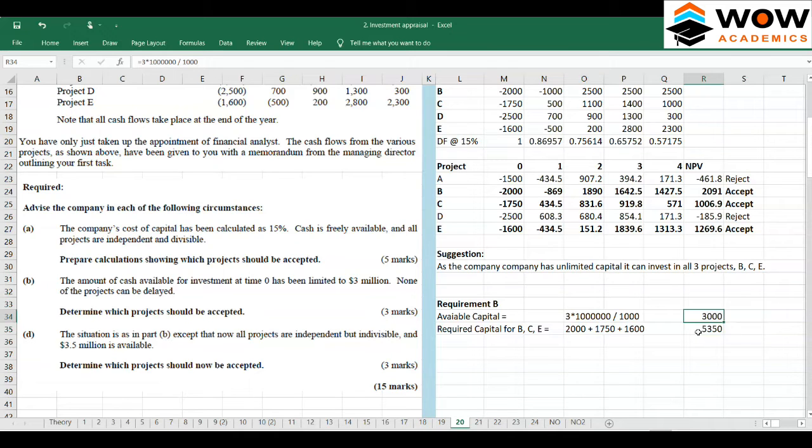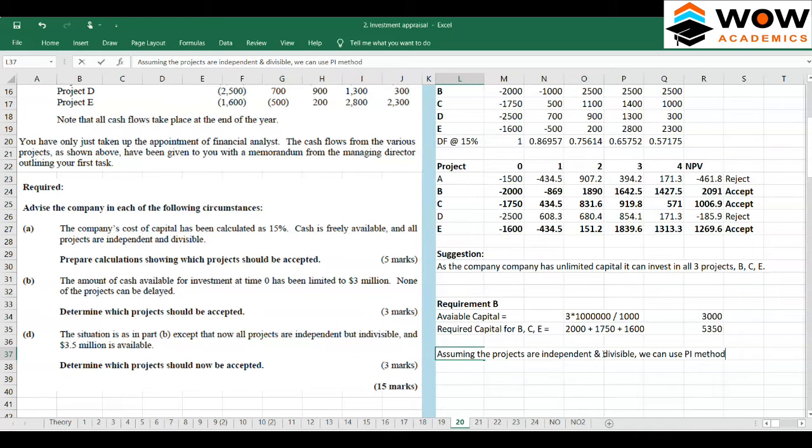Okay, so assuming the projects are independent and divisible, we can use the PI method, right?